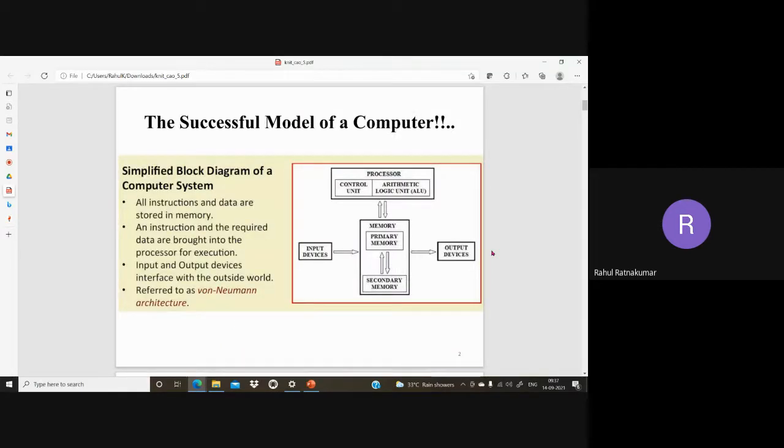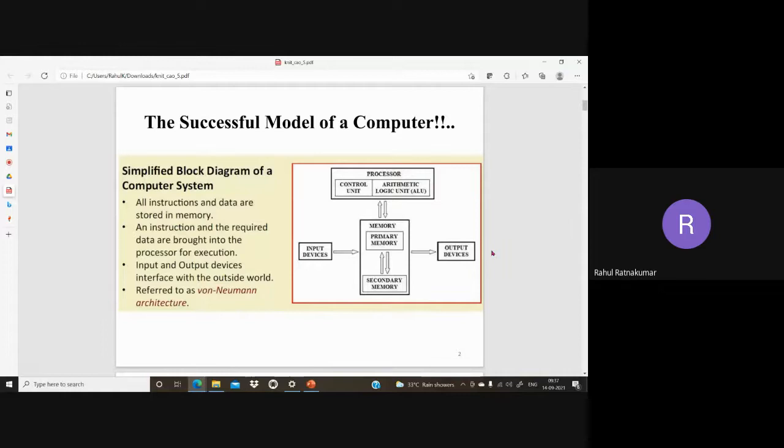Okay. So basically, this is the von Neumann architecture, where we are introducing the concept of the stored program concept. Whatever our processor or computer needs to do should be stored as a set of instructions in the memory, right?